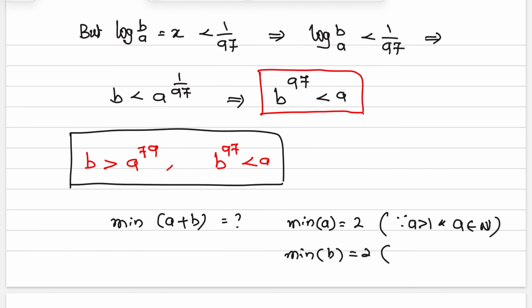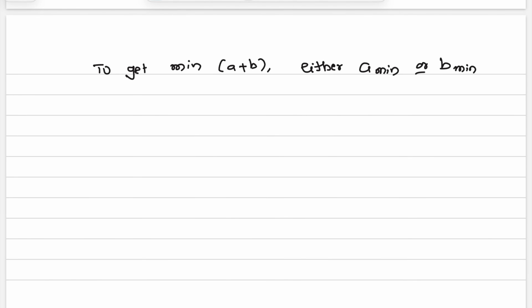Is equal to 2, because b is greater than 1 and b belongs to set of natural numbers. To get minimum of a plus b, either a minimum or b minimum to be applied and get the answers.